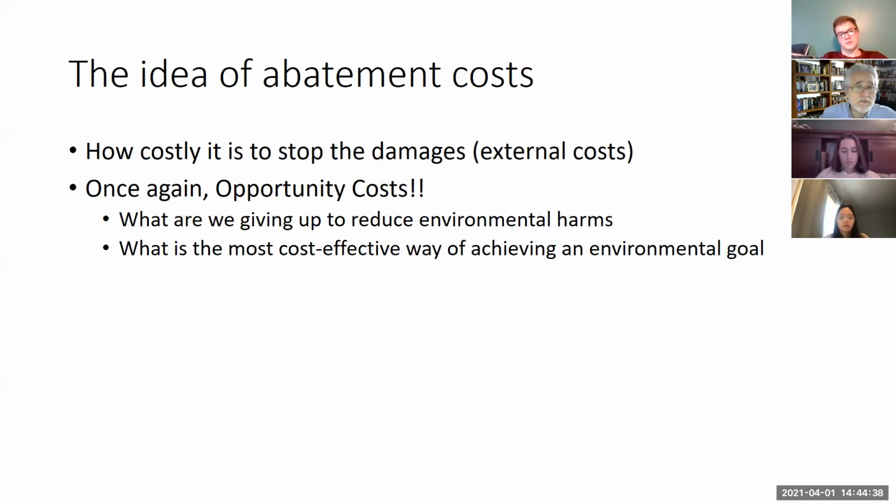So again, this is a problem of opportunity costs. What do I have to give up to reduce these environmental harms? And which is the most cost-effective way of achieving certain goals?